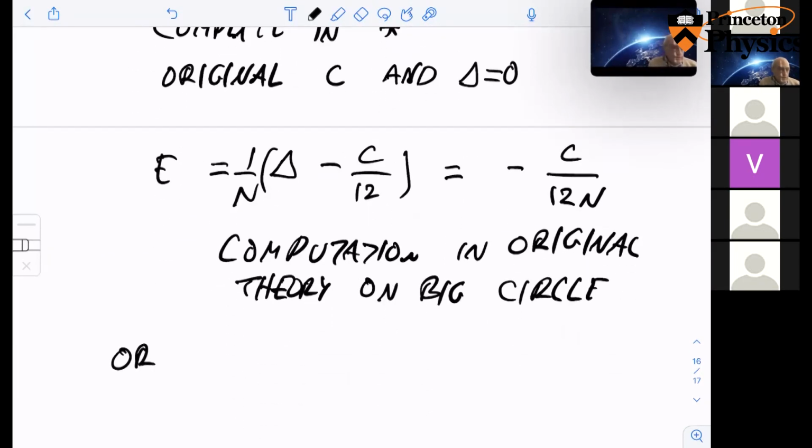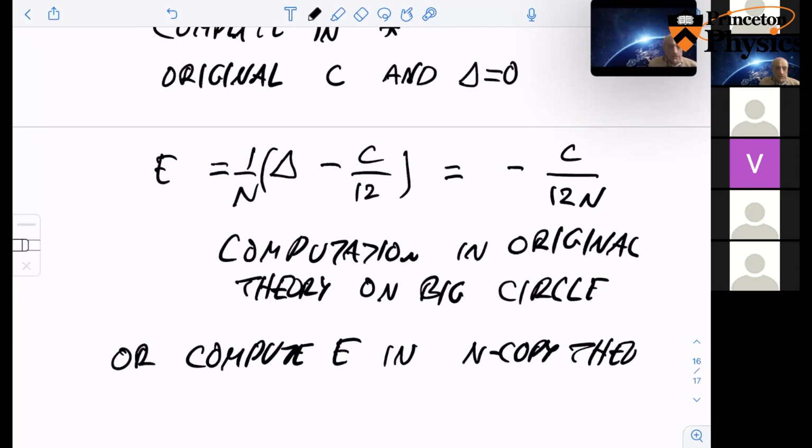But we can also compute E in the n copy theory on a small circle.